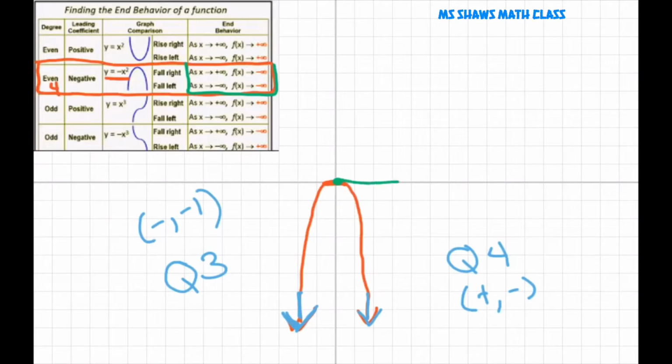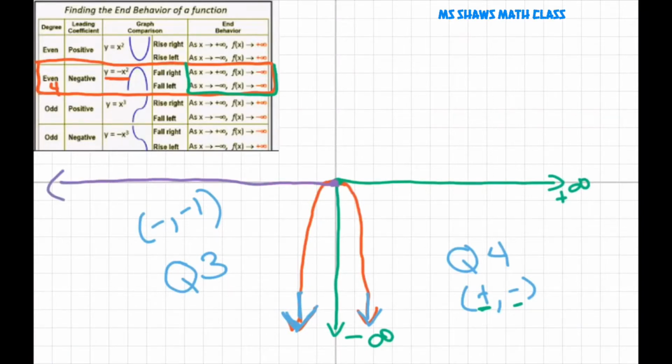And as you look at this piece right in here, as x gets larger and larger from 0, my y gets smaller and smaller. Thus we have positive, negative. Positive for your x, negative for your y. Now, similarly, as x gets smaller and smaller from 0, so does my y.